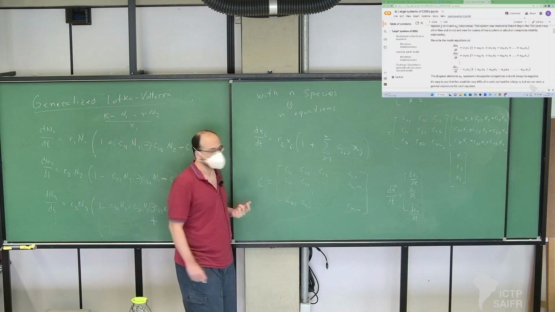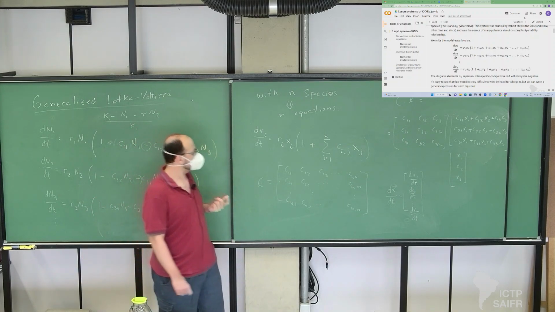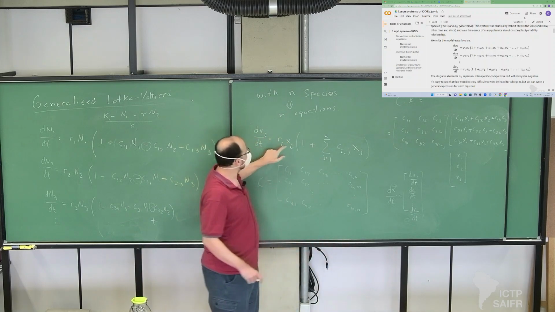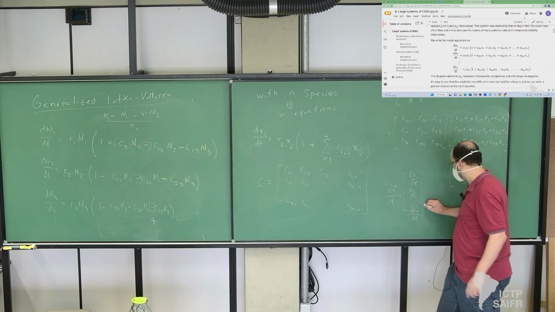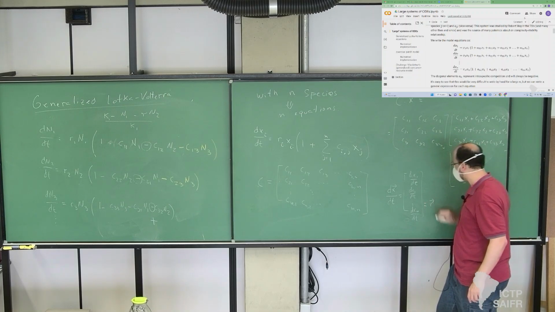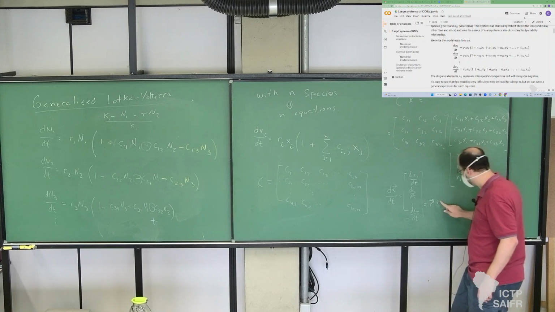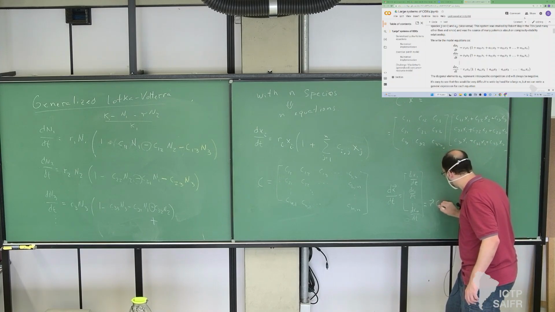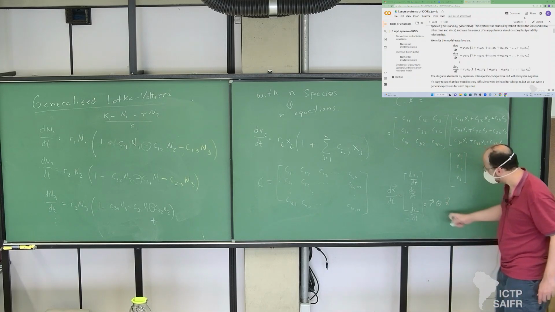It's a funny dot, a dot with a circle. What this means is exactly this: I'm going to multiply term by term. So this is going to be the vector of r's, multiplication term by term with x. I'm not very used to drawing this.